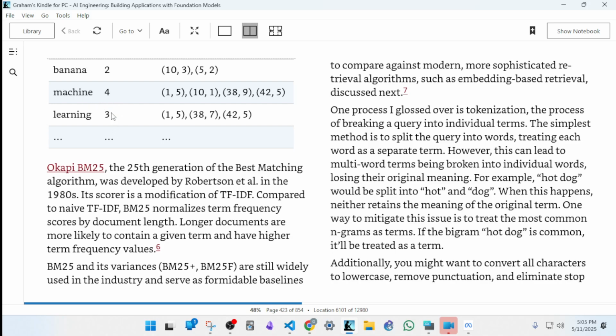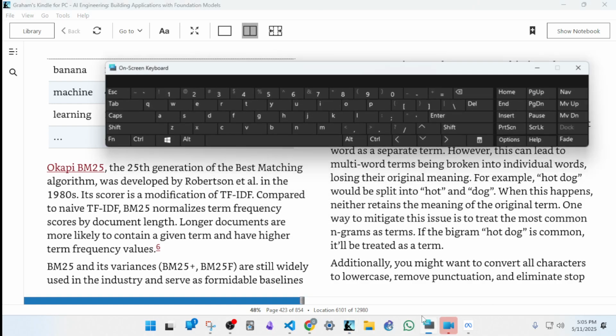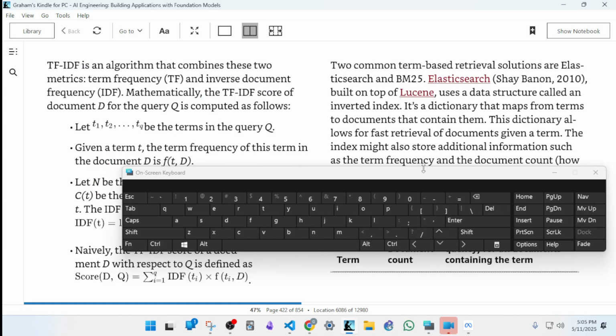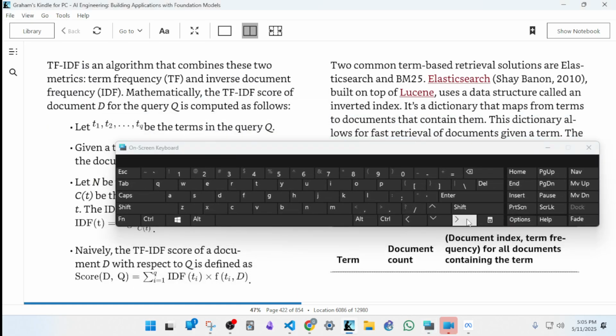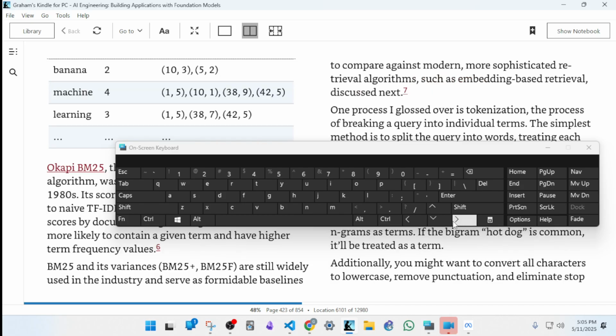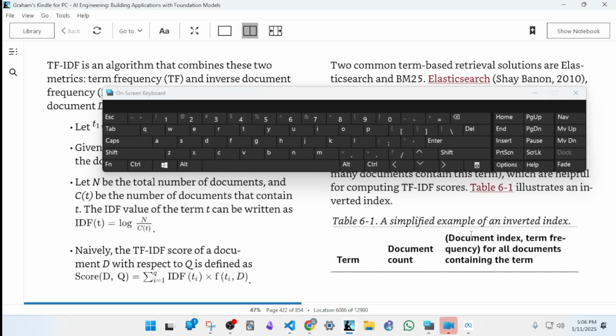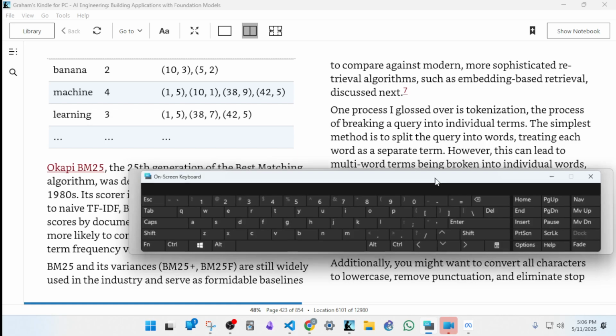These are the words we're looking for. There are 2 documents that have the word banana, 4 documents that have the word machine, and 3 documents that have the word learning.